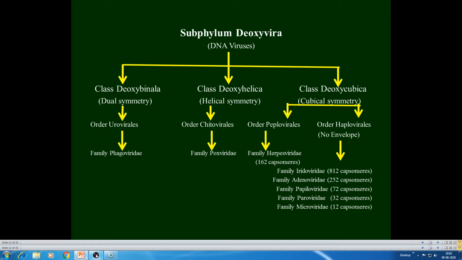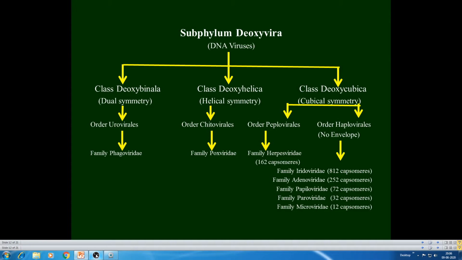Here the family ends with -viridae, and the order with the suffix -ales. So family Phagoviridae. Then order Cytovirales has only one family, that is Poxviridae.